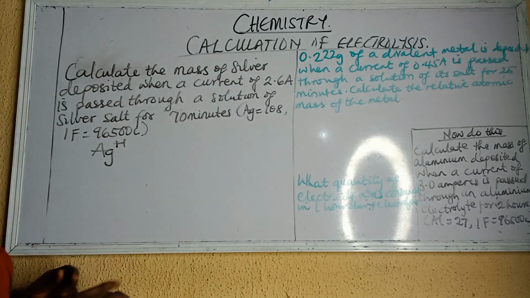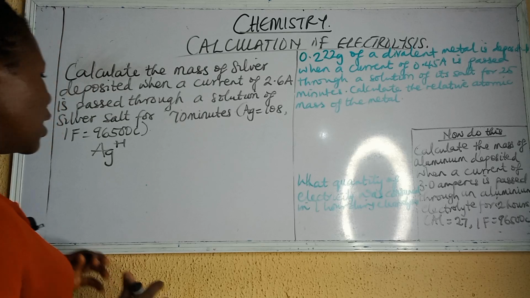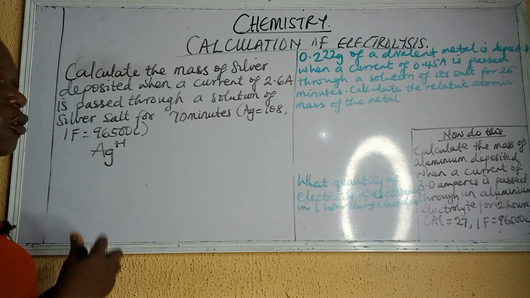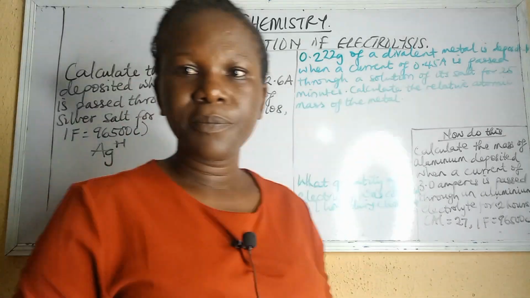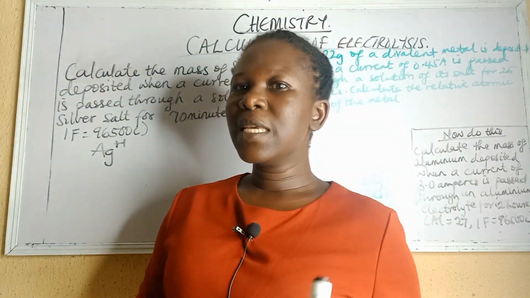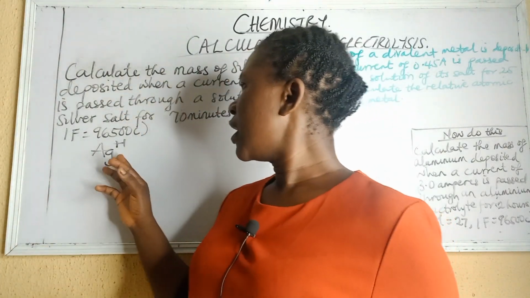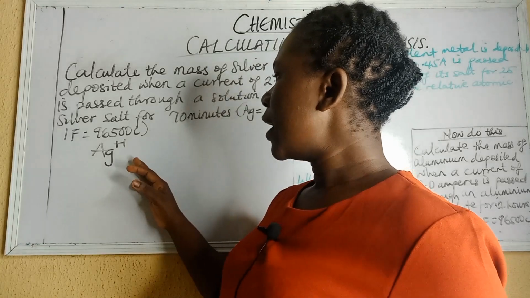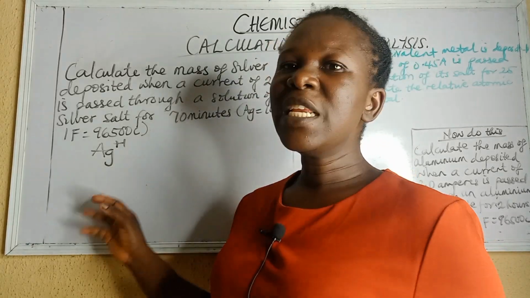For electropositive elements in electrolysis, it is assumed that the ions of electropositive elements have already given out their electrons, and so they need to gain them back.